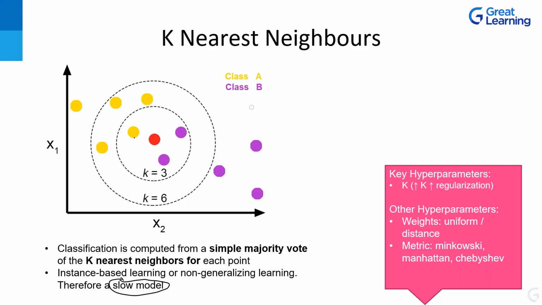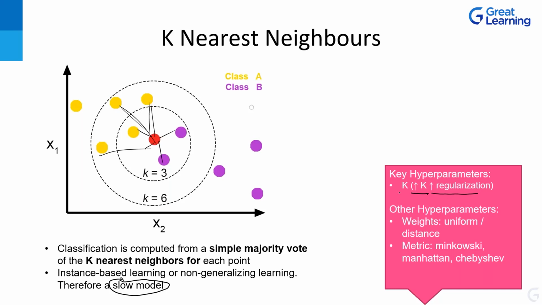But then it also means that maybe we'll miss out on some of the close relationships, that who is closest is probably most accurate. So maybe people who are highly inclined towards policy and economics and decision making can take a better decision on who the prime minister could be. But again, we are talking about proneness. We are not saying it's actually going to happen. So generally, if we increase the value of k, we are going to increase the regularization, or we are going to decrease the chances of overfitting.